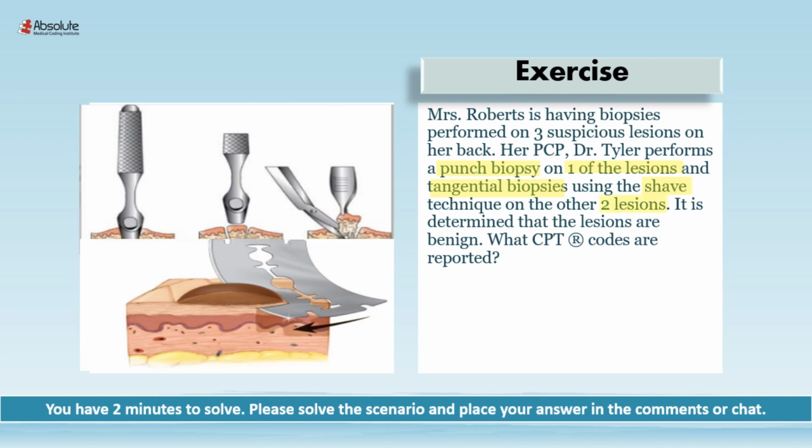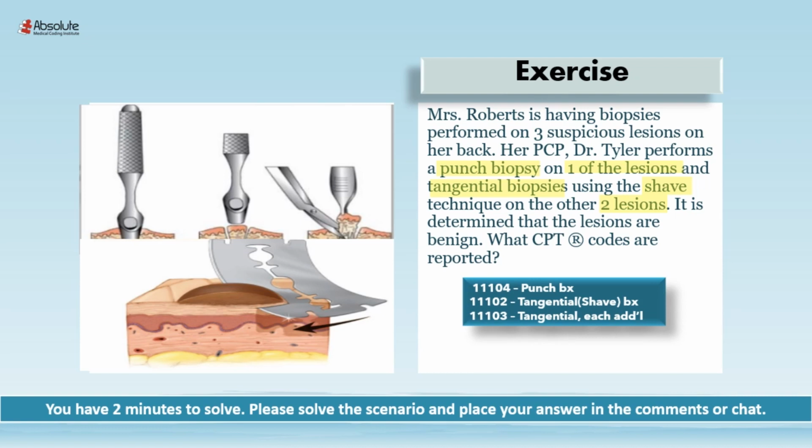So when I look these procedures up in my CPT manual, I see that 11104 is for a punch biopsy, 11102 is for a tangential or a shave biopsy, and 11103 is a tangential each additional.